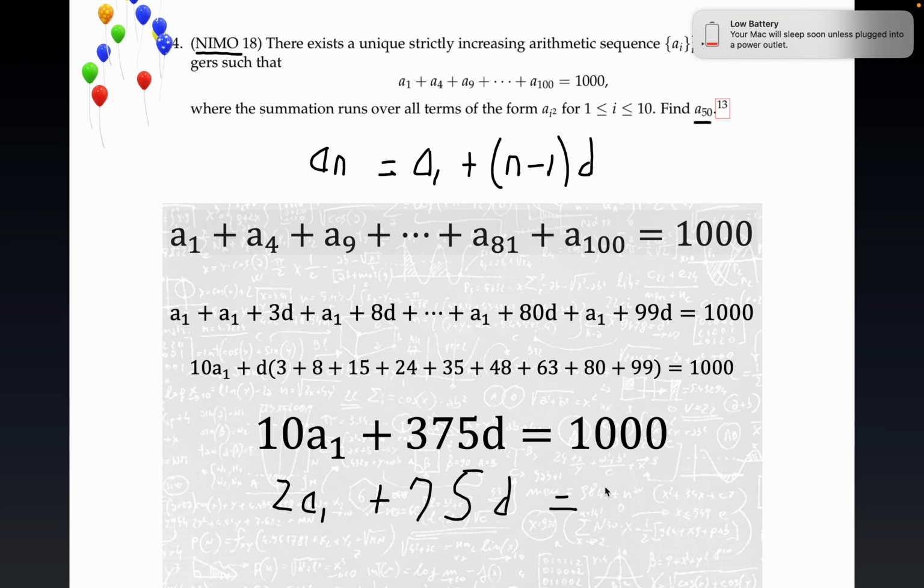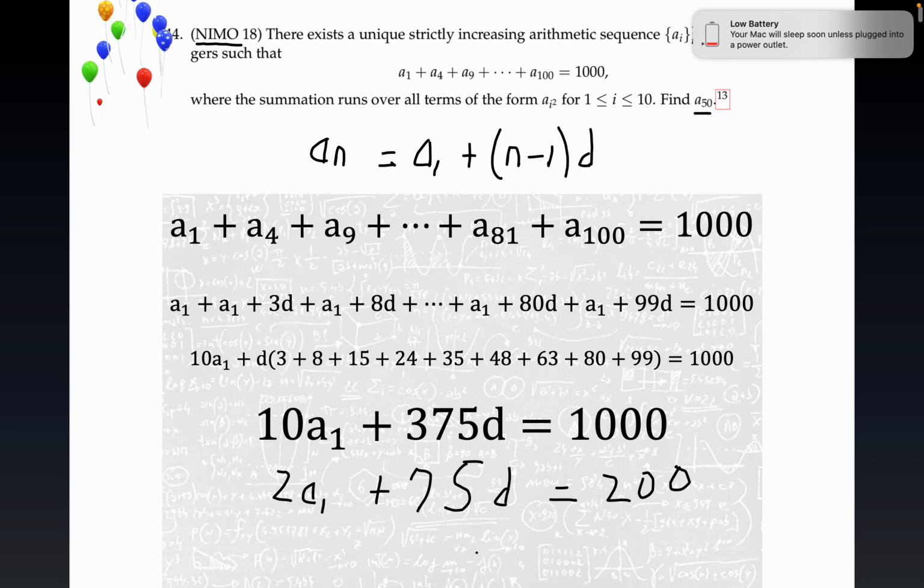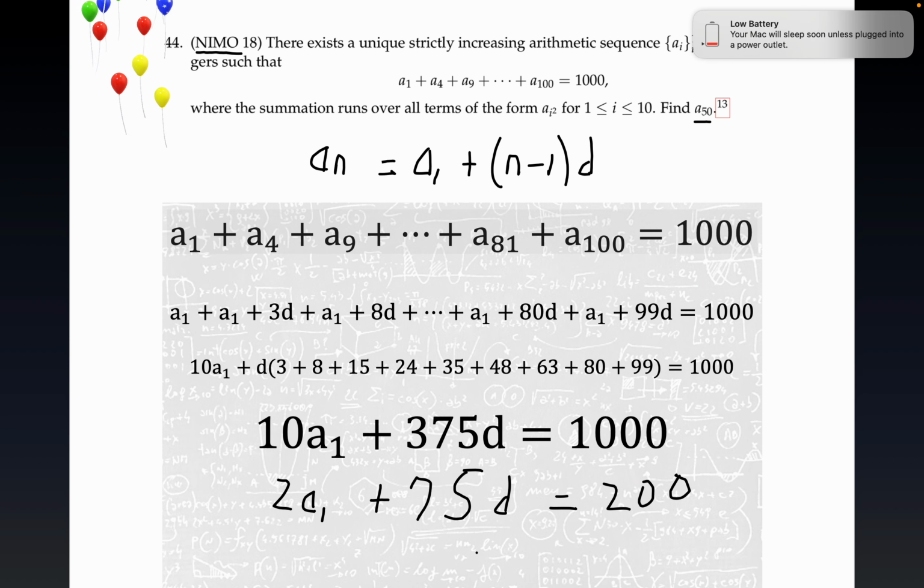Now, this is a very powerful statement already. At first I thought, wait a minute, what do we really do here? Because I was thinking we need another equation, but we really can't get another equation that's useful in terms of these two unknowns. But one thing we can notice is that this is a strictly increasing sequence of distinct positive integers.